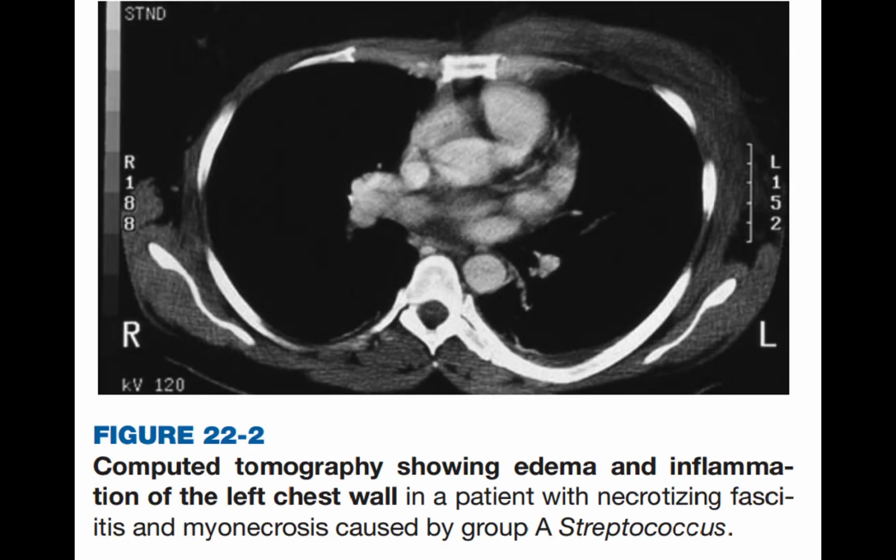So this is a CT scan of someone with necrotizing fasciitis and then myonecrosis caused by group A strep. So it is a very good practice for you انه خاصة بهذا الموديول انك تتعلم الستركتشرز على السي تي.